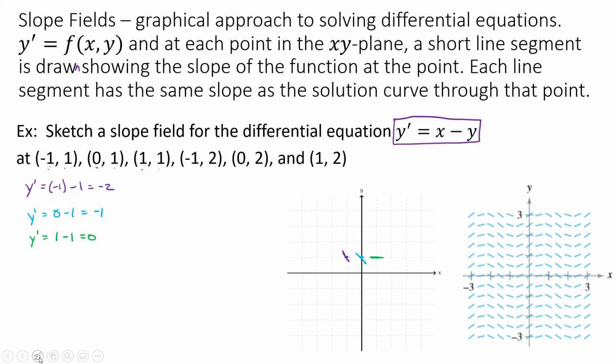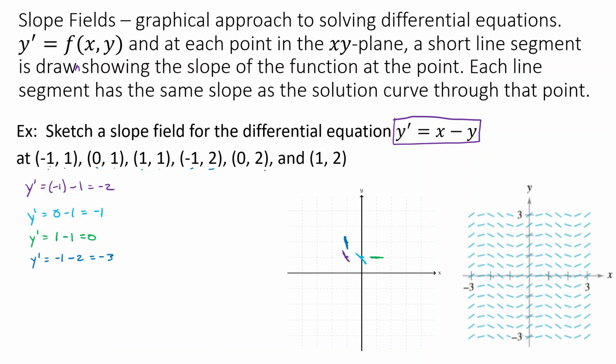Next, what colors do I have left? Dark blue, sure. So next up, we've got negative 1, 2. So y prime would be negative 1 minus 2, which is negative 3. So negative 1, 2 is up here, and our slope is even steeper going down. It's tough to show it steeper with these small graphs, but that's what it is. We've already done purple.